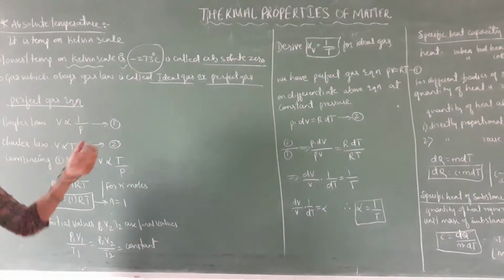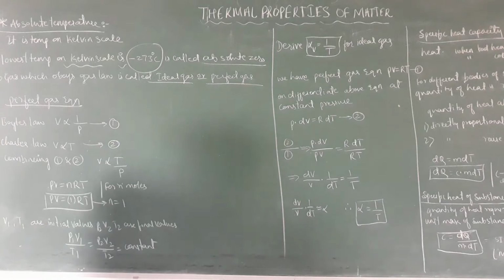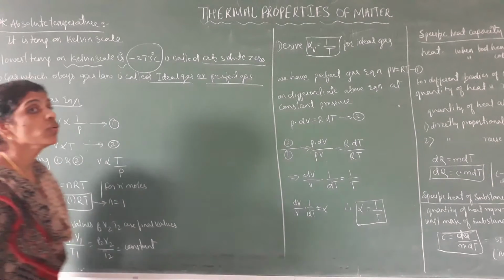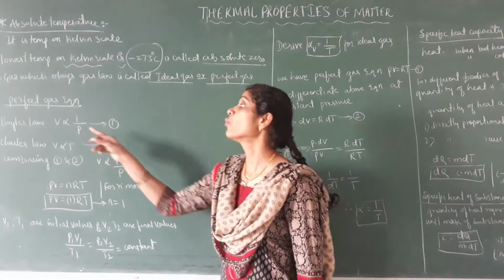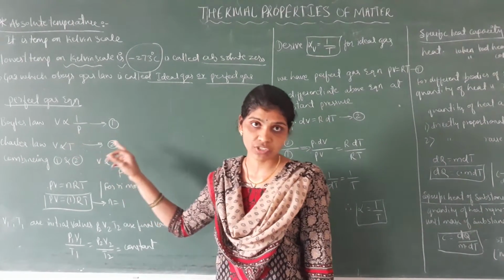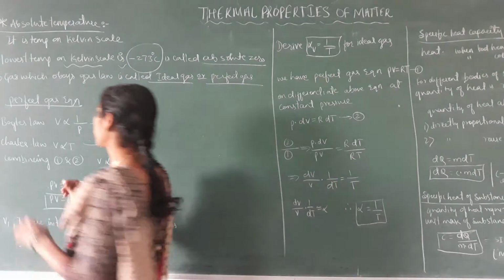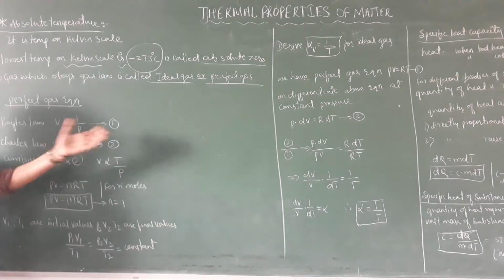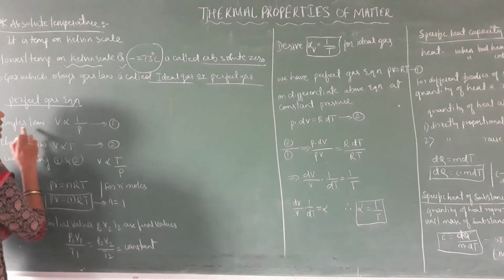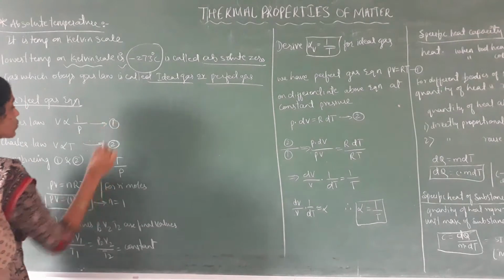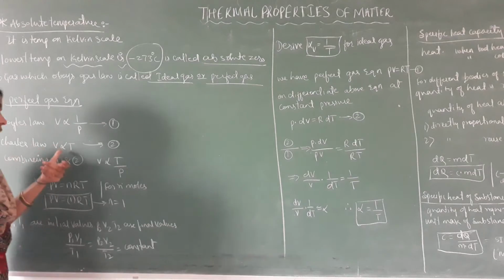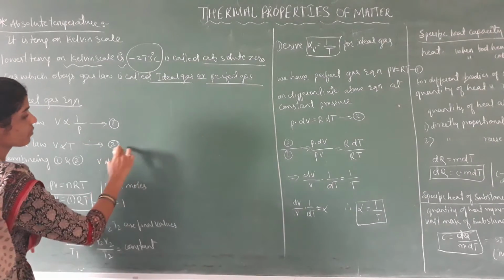And by using the perfect gas equation, we are going to show that PV is equal to nRT. We know from Boyle's law that V is inversely proportional to pressure at constant temperature, and according to Charles law, V is directly proportional to temperature at constant pressure. Boyle's law we consider as equation 1, and Charles law as equation 2.